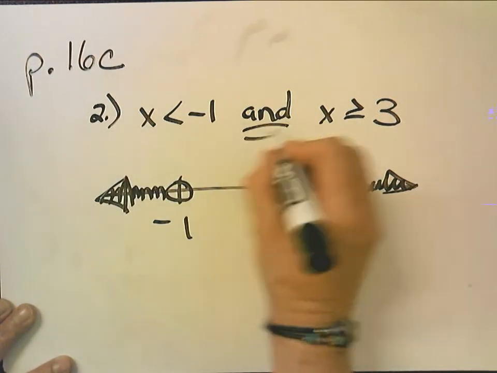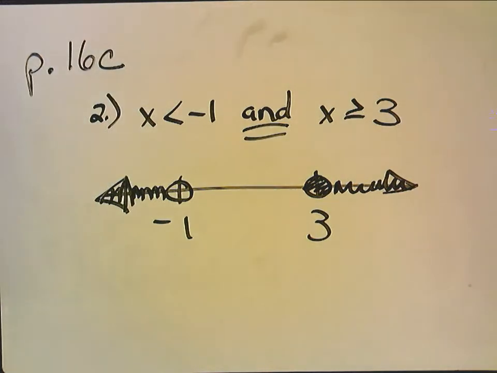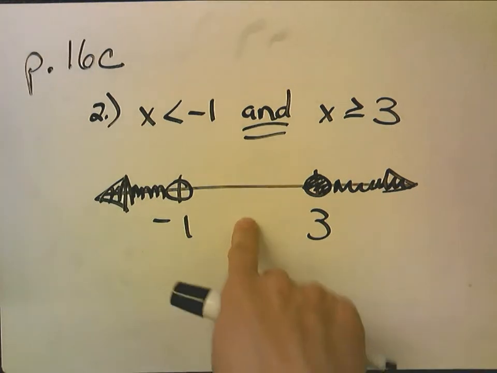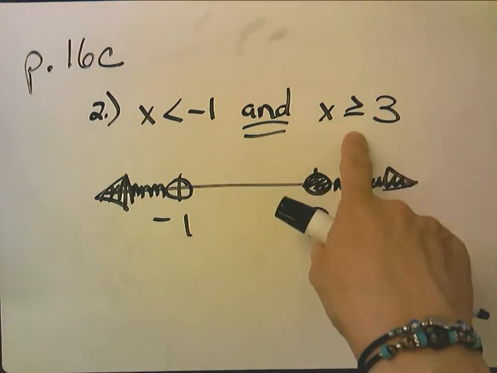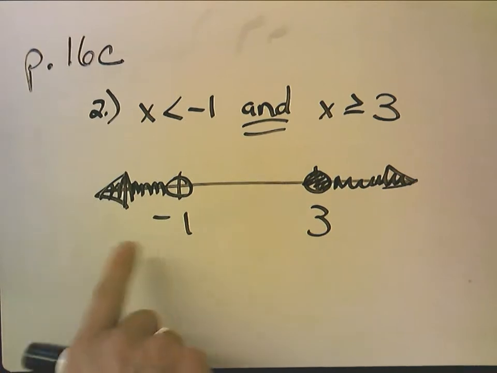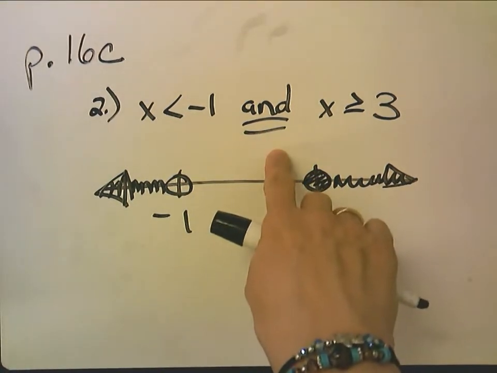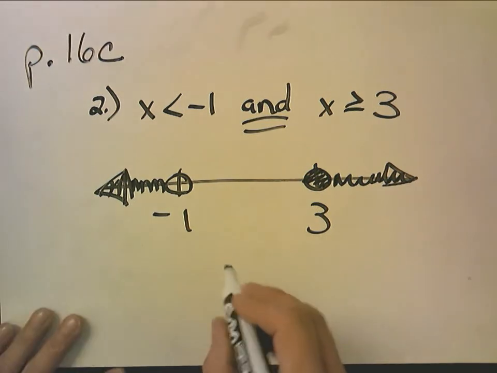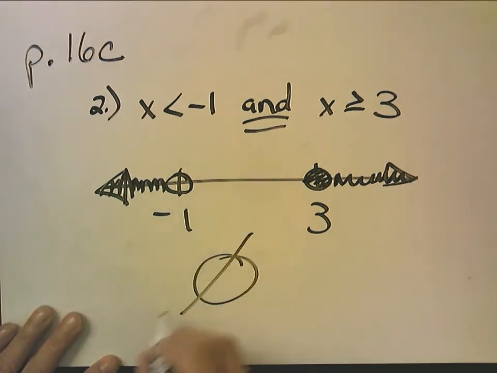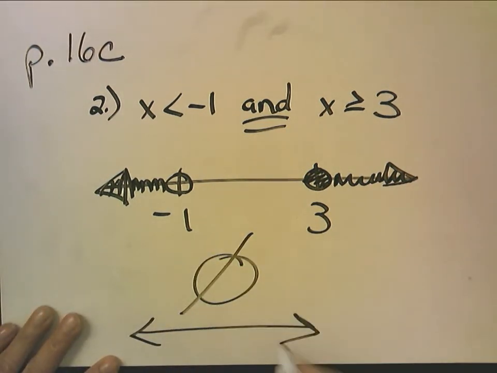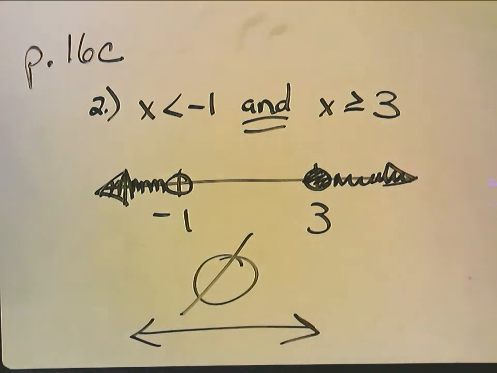Now, and means where do these two overlap? Well, do they overlap? They do not. There is no number that is greater than 3 while simultaneously being less than -1. And is exclusive. And means you have to fulfill both requirements. So this solution is no solution, and the final number line should be empty.